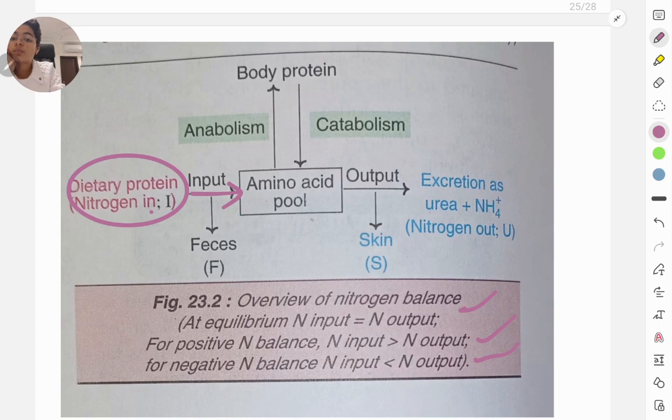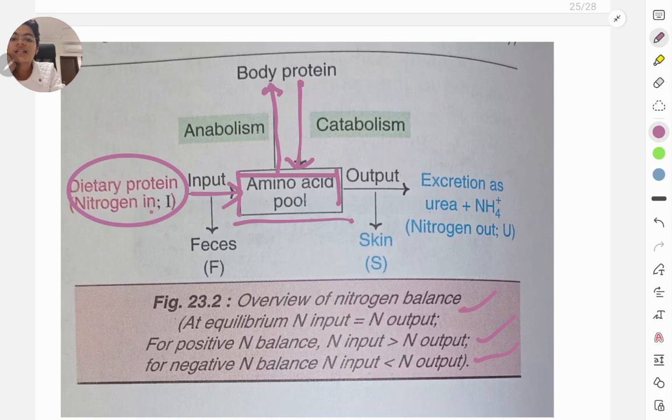This input could be expelled out as feces without getting absorbed, and also it can go to the amino acid pool by getting absorbed. Then there is anabolism, which converts amino acids into body protein, and then catabolism, which converts body protein into amino acids.